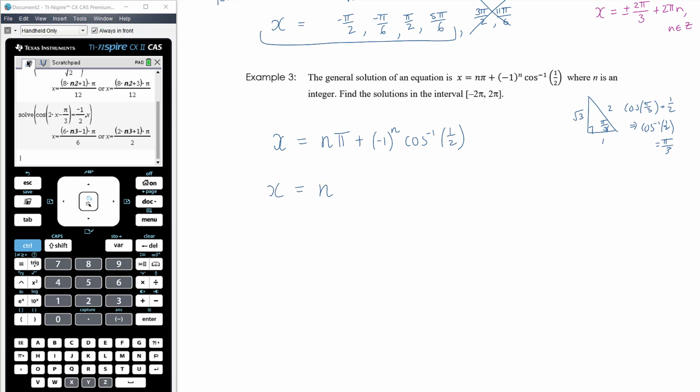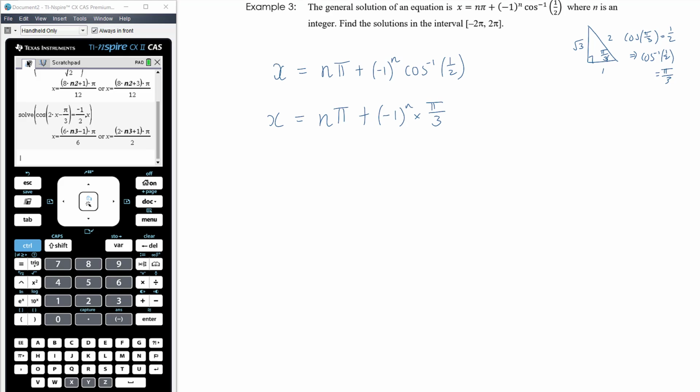So we've got x equals multiples of pi plus negative 1 to the power of n times pi on 3. Alright, so let's think what's going on here. So what we have here is if n is an even number, then this will be x equals n pi plus pi on 3, because negative 1 to the power of an even number will be positive 1.